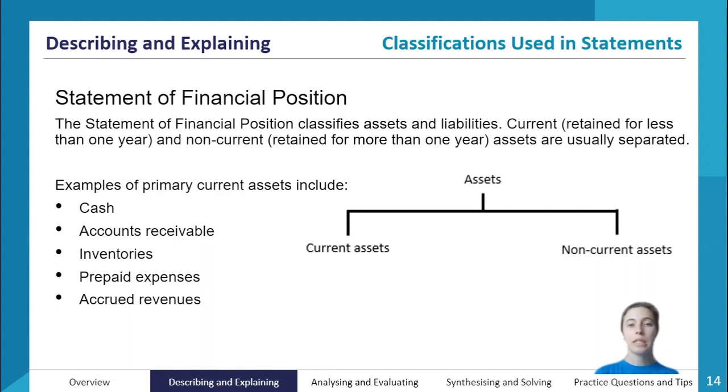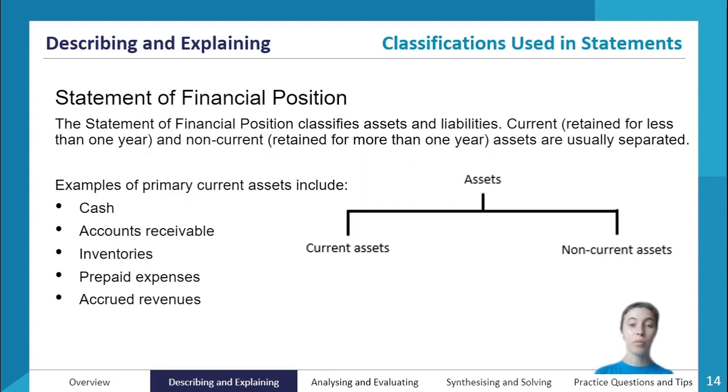Now let's have a look at the statement of financial position. So this classifies assets and liabilities. Now current assets are retained for less than 1 year, and non-current assets are retained for more than 1 year. And these are usually separated when it comes to classifying in our financial position statement.